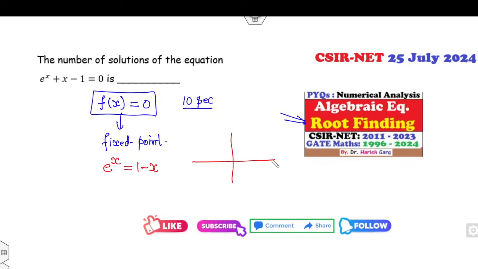So draw it graphically. This is the graph of e raised to power x. When x is 0, this value is 1. Can I draw 1 minus x? It's a decreasing function. When x is 0, the value is 1. So how many points of intersection are there? There is only one intersecting point. Fine. So once you know there is only one intersecting point, how many solutions are there? Only one real solution is the answer.